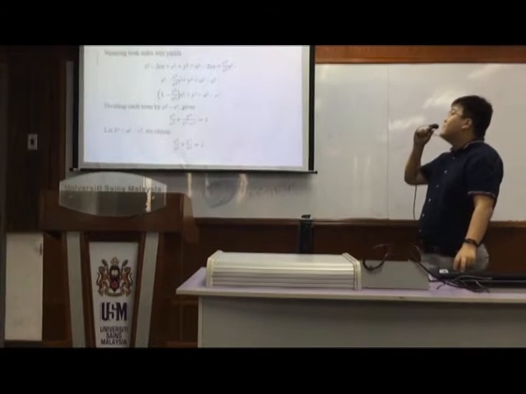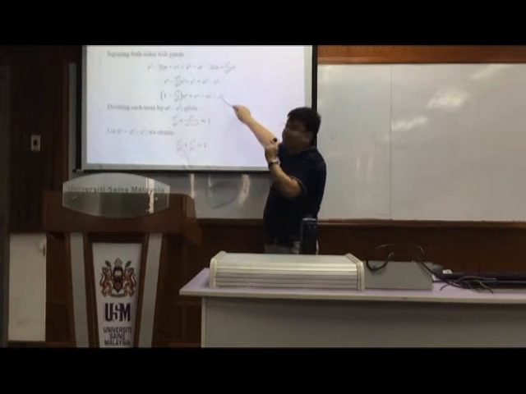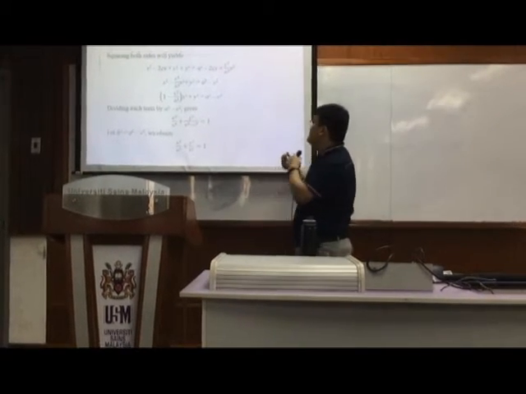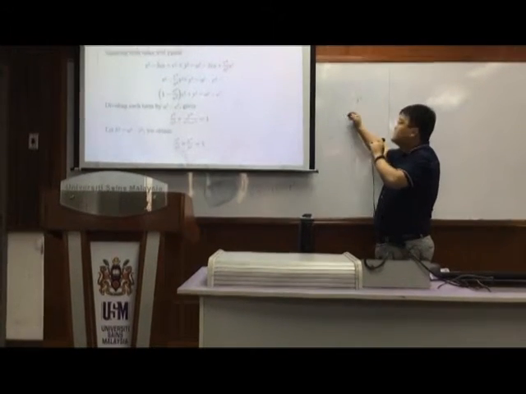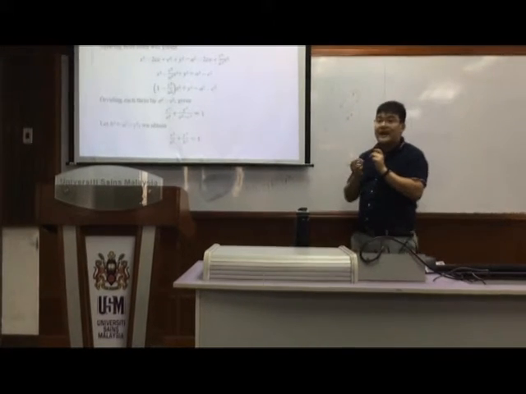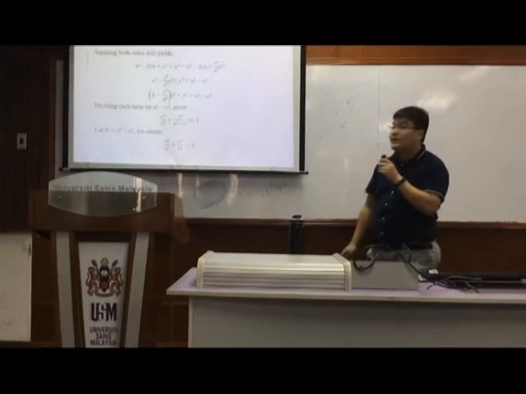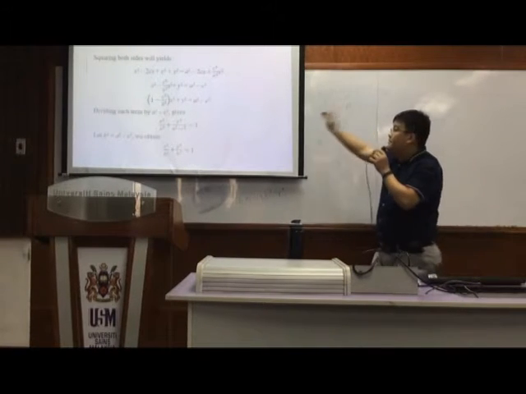After that, squaring both sides, you will get this equation until here. When you reach this point, the 1 minus c squared over a squared, you can view it as (a squared minus c squared) over a squared. So when you divide each term by a squared minus c squared, you cancel this term.